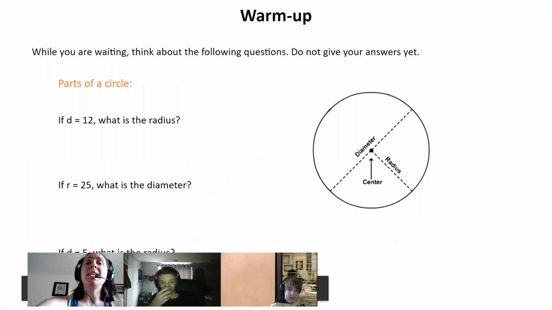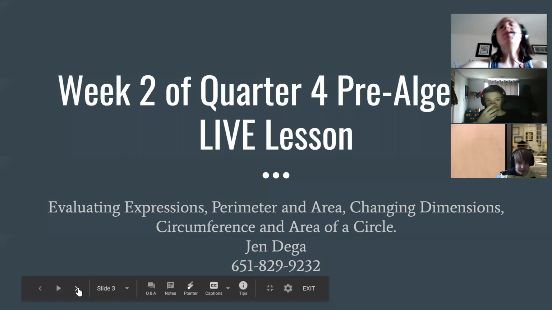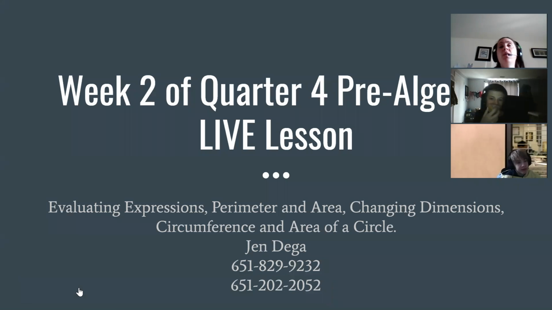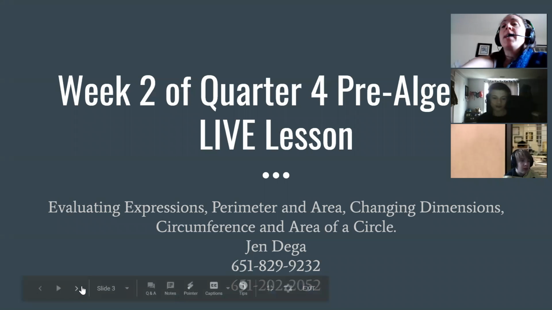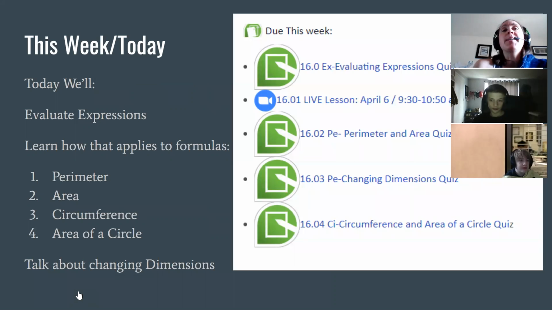Okay, so we are in week 2 of quarter 4, and we're doing pretty darn awesome, I think. Today we will talk about evaluating expressions and how to do that.